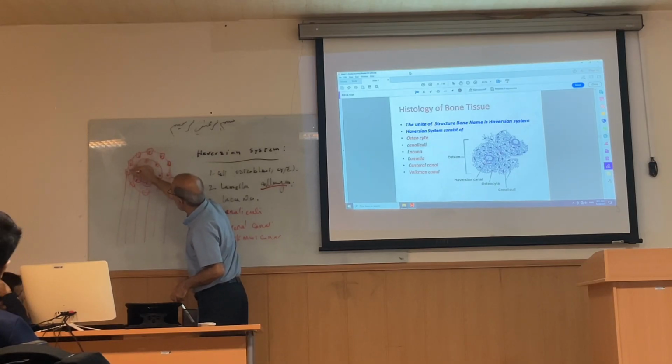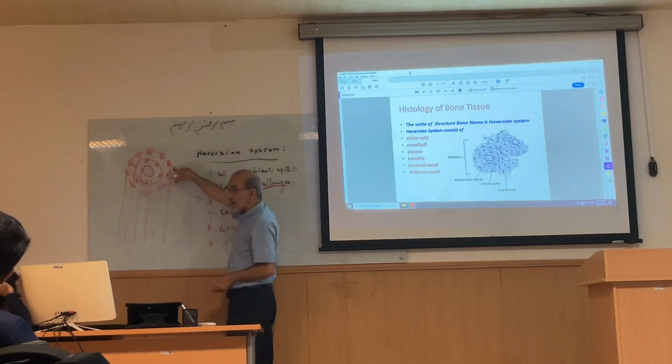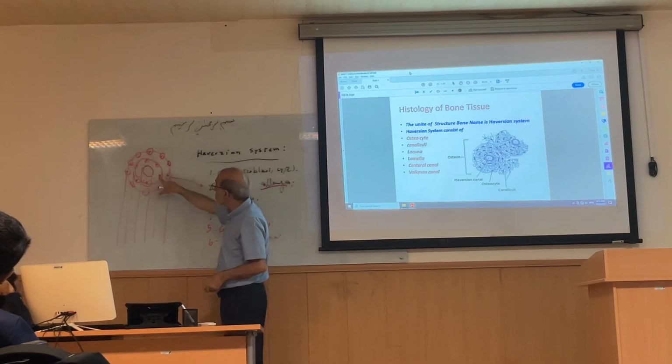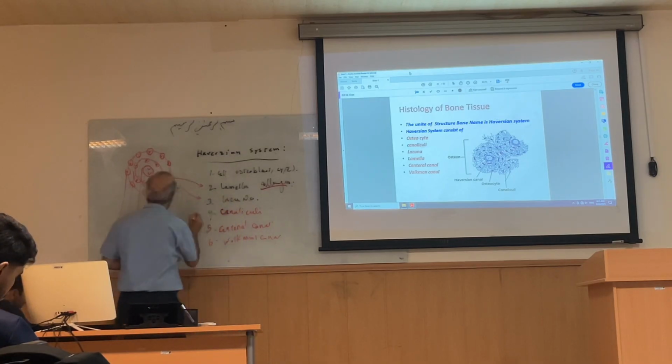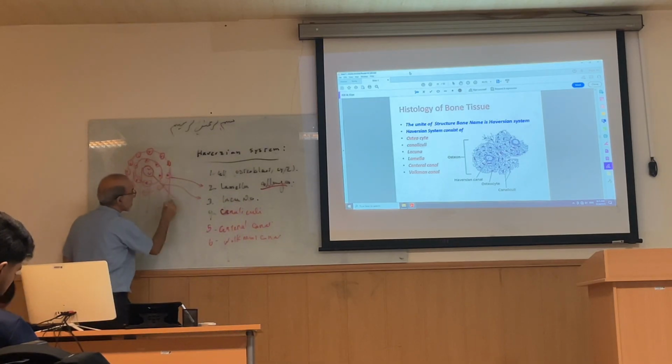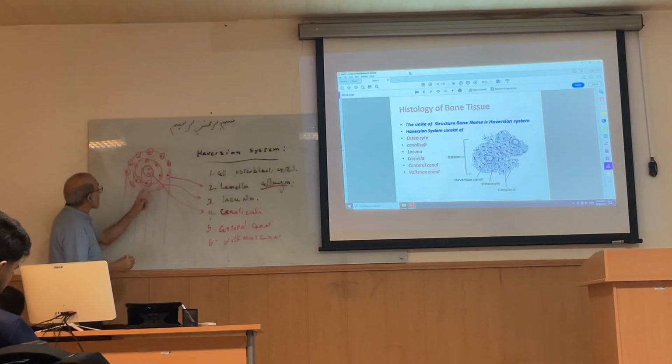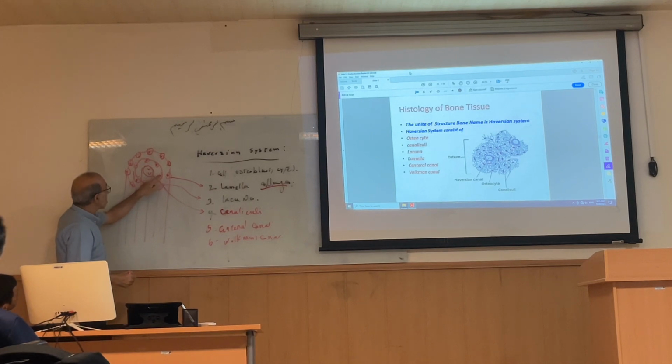What is the difference between the nucleus in a peripheral lacuna and in a central lacuna? This is the central canal. What is the difference between the nucleus near the central canal and the nucleus in the periphery of our system?